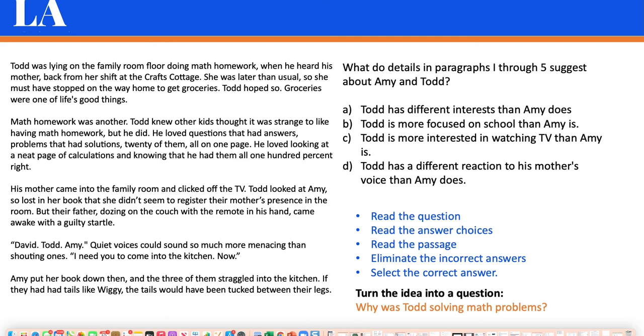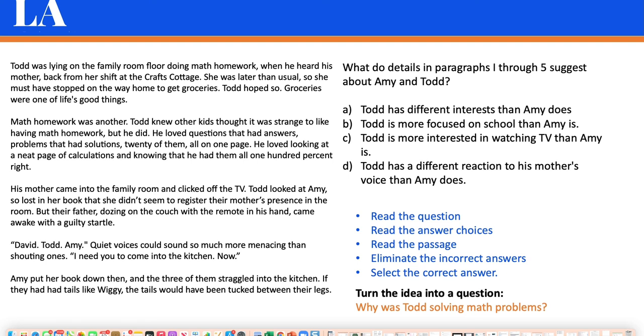Math homework was another. Todd knew other kids thought it was strange to like having math homework, but he did. He loved questions that had answers, problems that had solutions, 20 of them, all on one page. He loved looking at a neat page of calculations and knowing that he had them all 100% right.